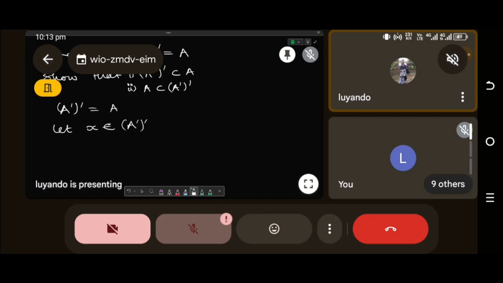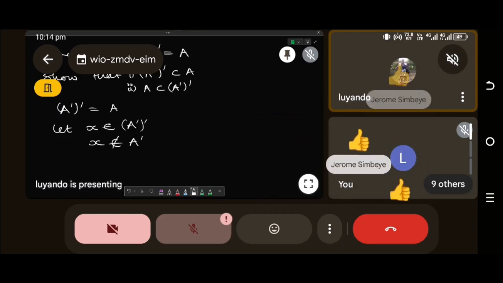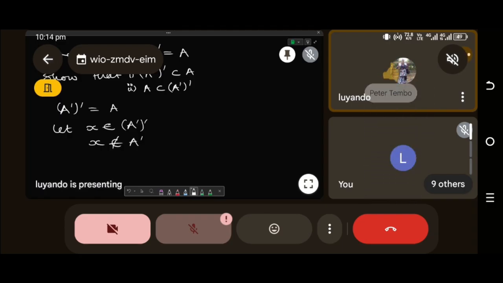So if X is a member of A complement complement, this automatically means that X is not a member of A complement. Do I understand that? Or maybe there's someone that doesn't understand this. Okay, okay. I love the nine. Can I think that most of you are understanding this?